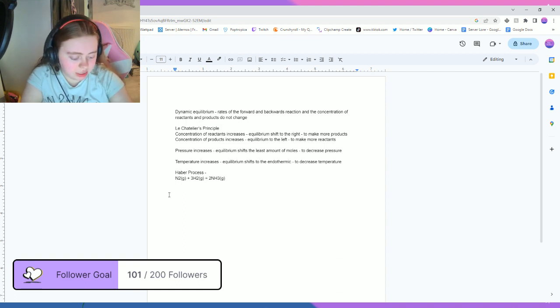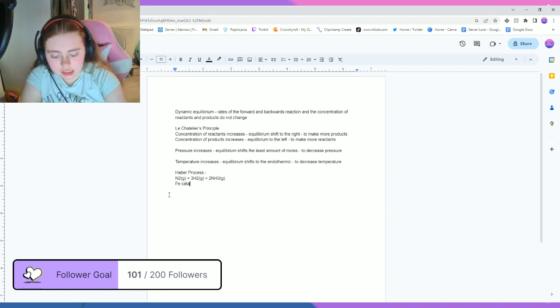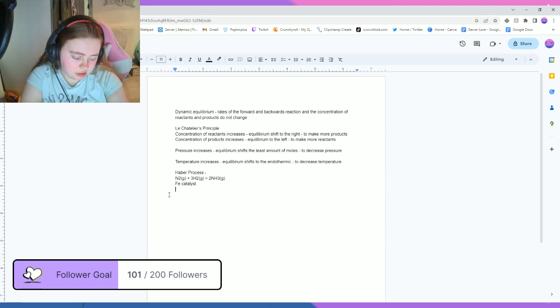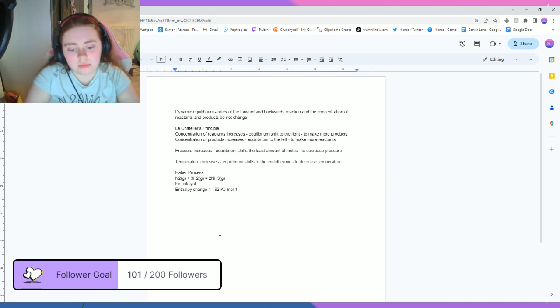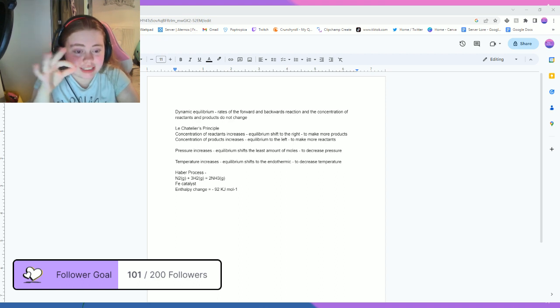And there's also an iron catalyst, and the enthalpy change of this reaction is minus 92 kilojoules per mole. You put the -1 to show that it's per mole.